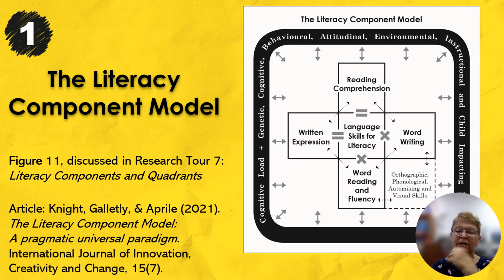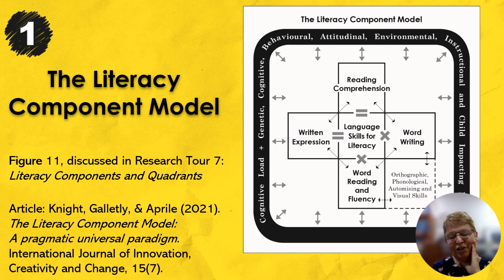So it also includes written expression is language skills times word writing, and then all the things on the border, the aspects that interact with those and impact them. So we have cognitive load plus genetic, cognitive, behavioural, attitudinal, environmental, instructional, and child impacting factors. And do you see all the double-ended arrows there? We're saying these things aren't discrete, they are utterly interactive.